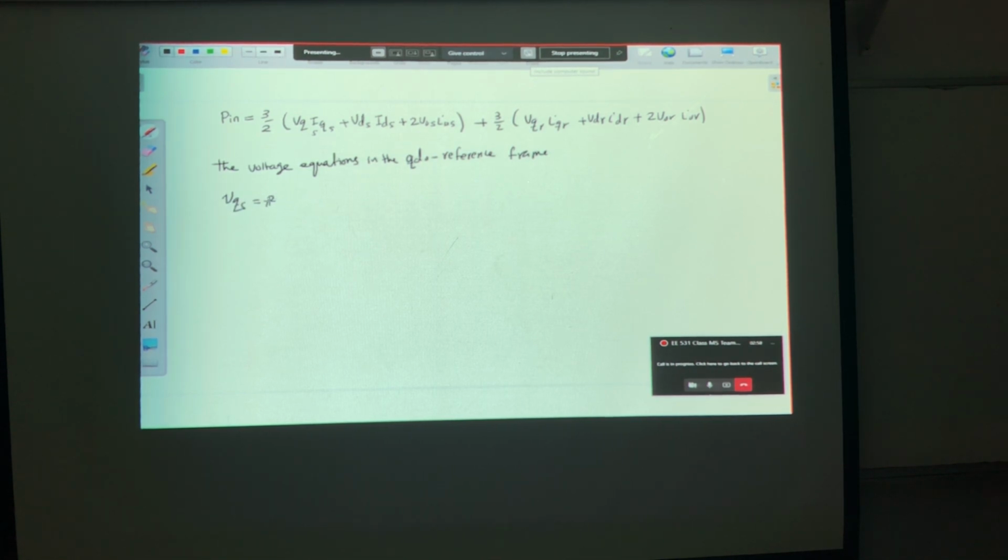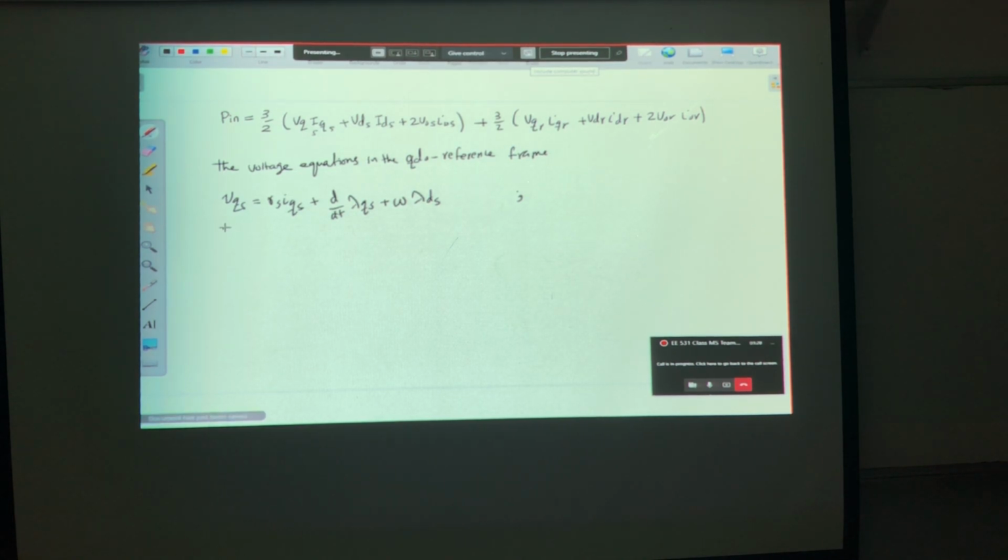It was RS IQS plus d by dt of lambda QS plus omega lambda DS. And omega here is unspecified. So this is the voltage equation in the arbitrary reference frame theory.